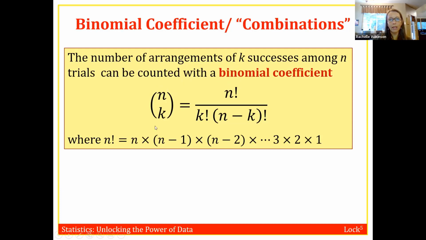So in big parentheses, I put N, the number of trials, on top, and K, the number of successes, on the bottom. Okay, so I put those in big parentheses. And the way that we read this is n choose k. Okay, so when I talk about it, I'm going to say n choose k or 10 choose 5, something like that. This is not a fraction.